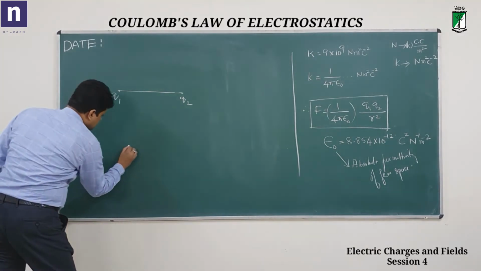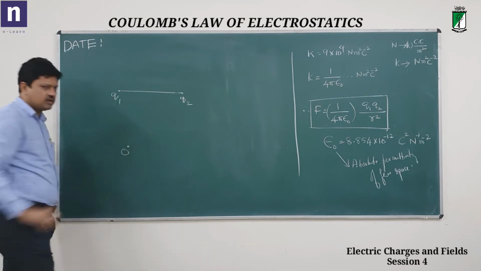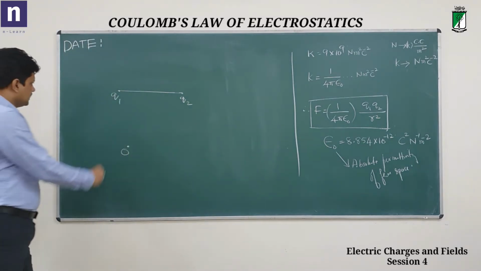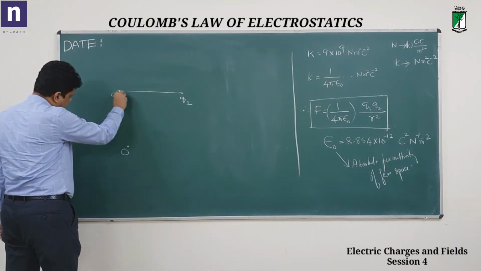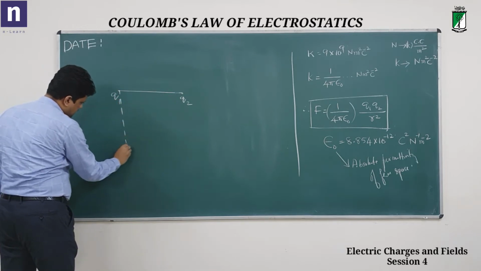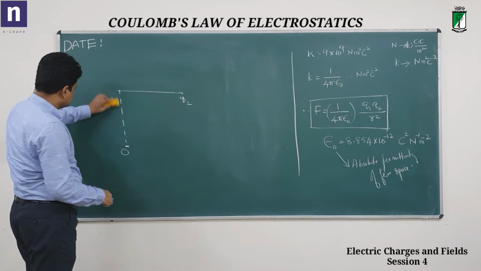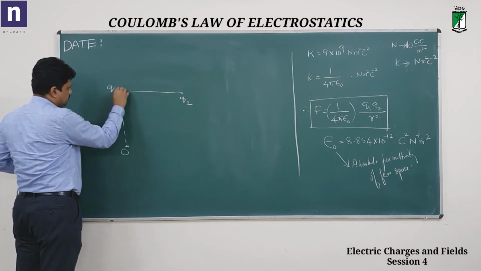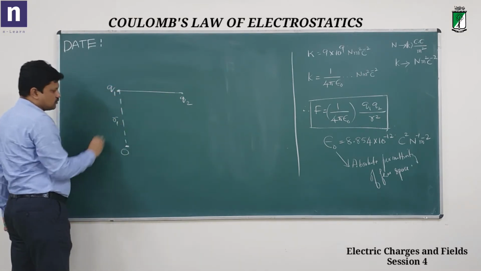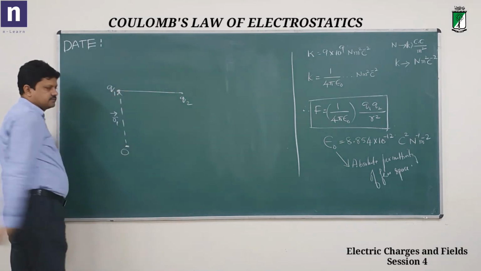Say the origin of our coordinate system is O. The distance from point O to Q1, let us say R1, which is a vector.